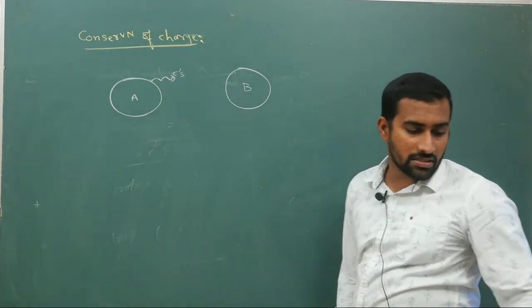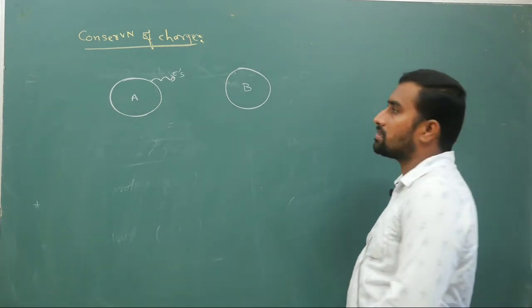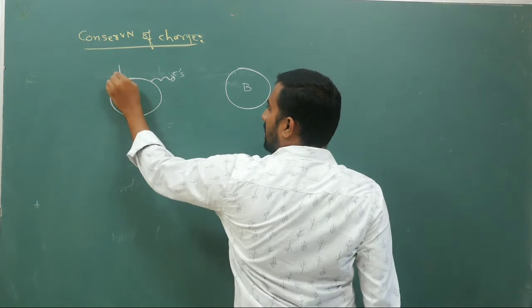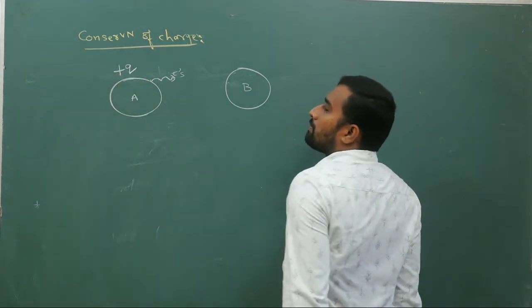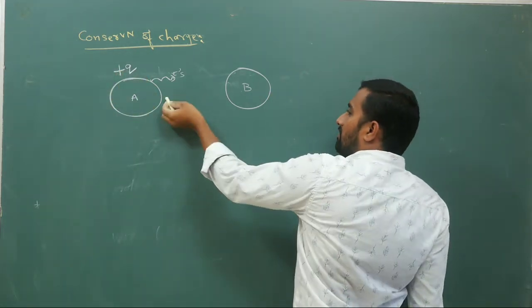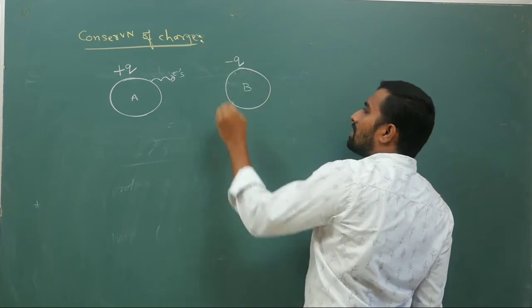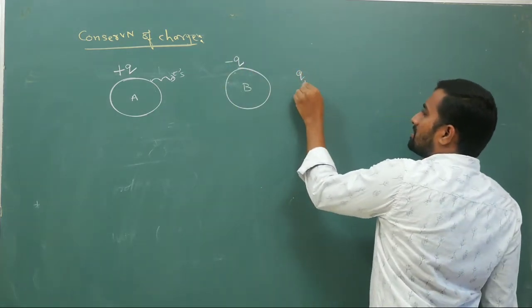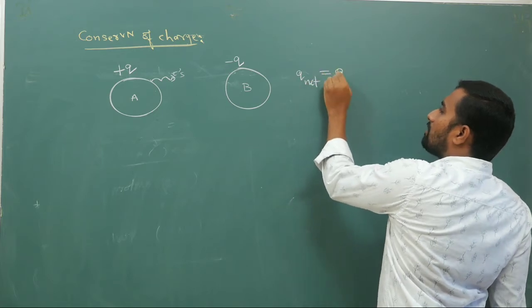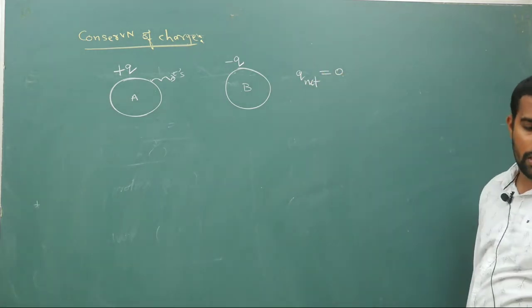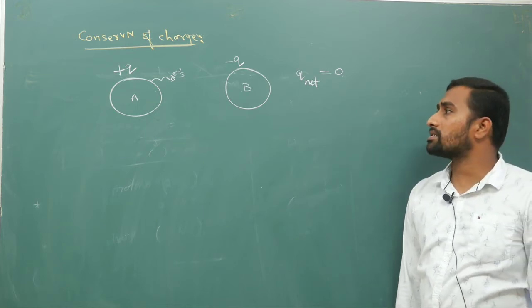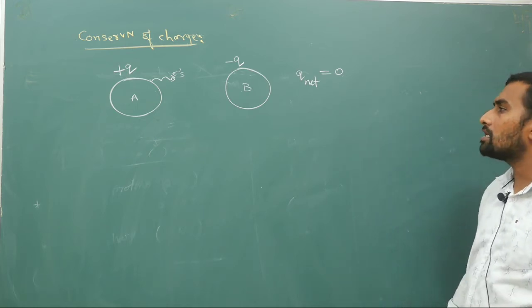The body from which the electrons are being lost will become a positive charge plus Q, and the body which gains electrons will become minus Q. Overall the net charge that is present here is equal to 0. That is your conservation of charge. This is one example.